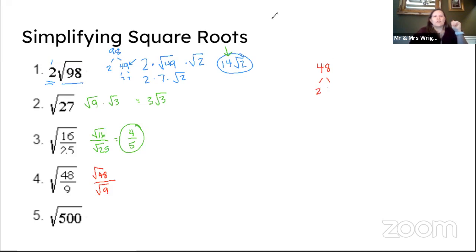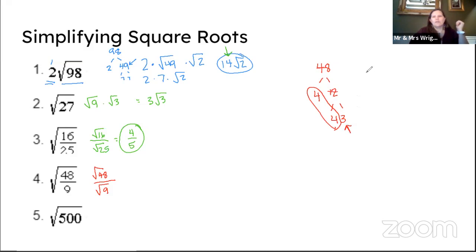Instead of using 2, let me go ahead and I'm sure there's a 4 in there. So 4. 48 divided by 4. 4 goes into 4 one time. It goes into 8 2 times. It's 12. And that's 4 and 3. So right there, I found a pair and then a lonely only.